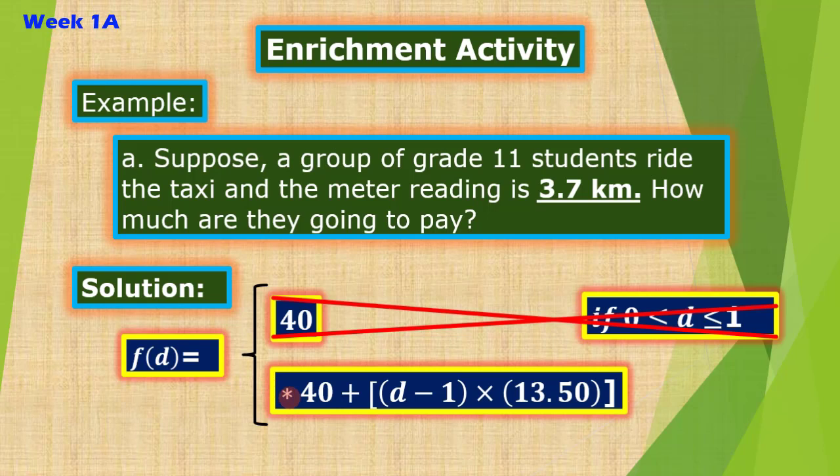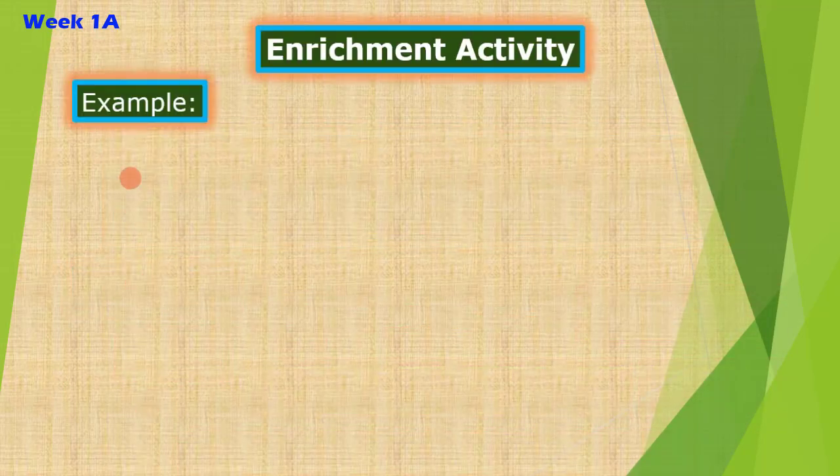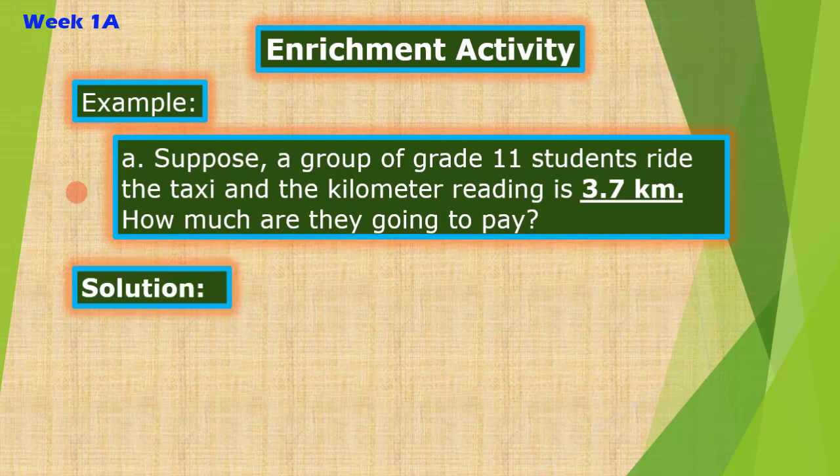We will use the second function, since d here is greater than 1. In this case, the distance is 3.7 kilometers, so we have to round up d minus 1 to the nearest integer. Let's move on to the solution further of this problem.